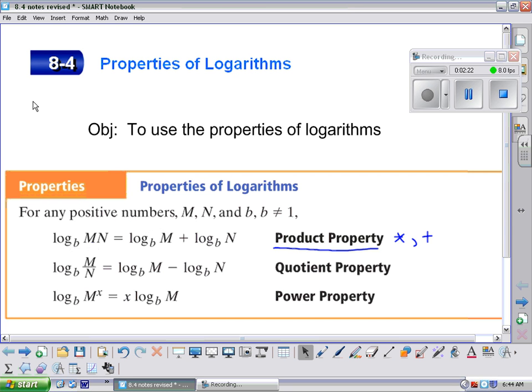Next is the quotient property. Quotient means division. If m and n are two numbers in a log statement and they're divided, I can break them out into subtraction. So again, what do we need to know? Division speaks to subtraction. Those two go together.